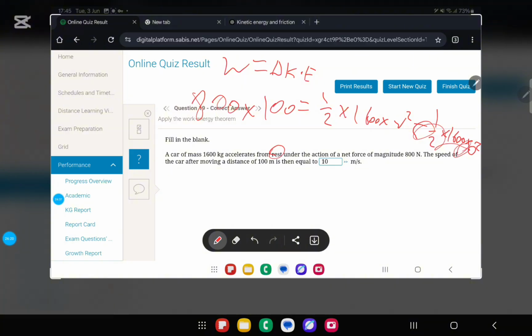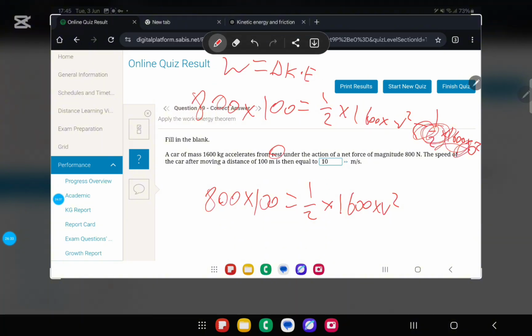So we cancel this whole thing. We're left with 800 times 100 equals 1 over 2 times 1600 times v squared. Now let's simplify. 800 times 100 is 80,000. 80,000 equals 1 over 2 times 1600, which is 800, times v squared, so 800 v squared.